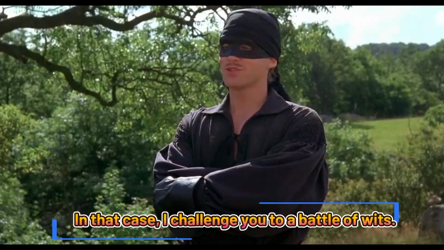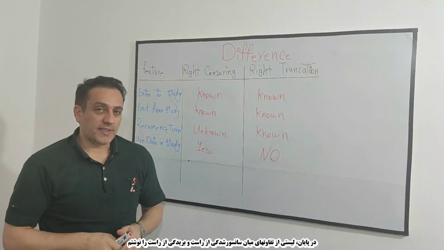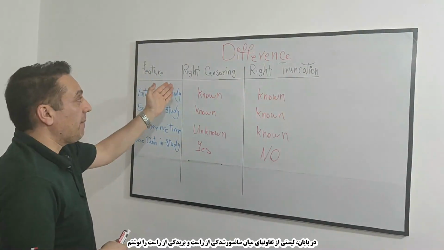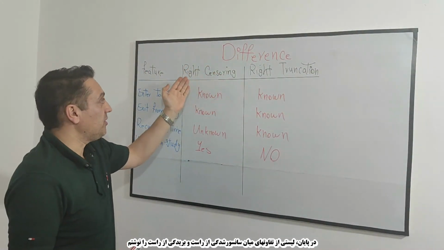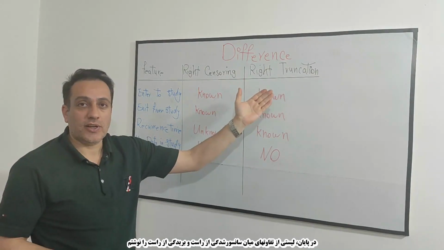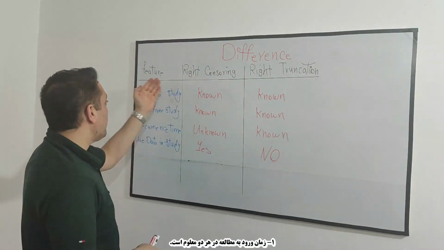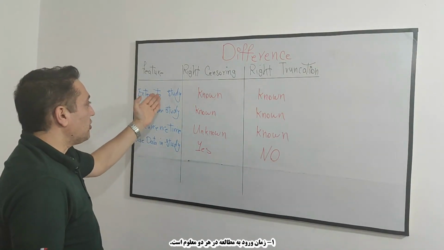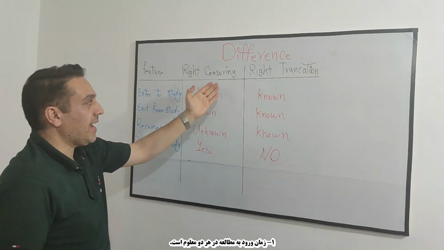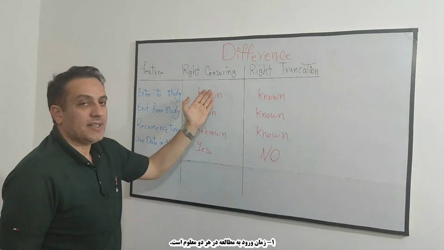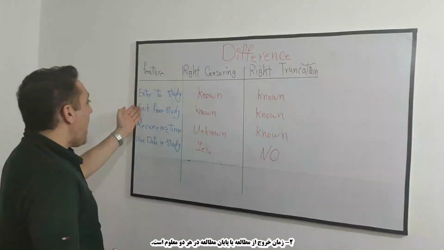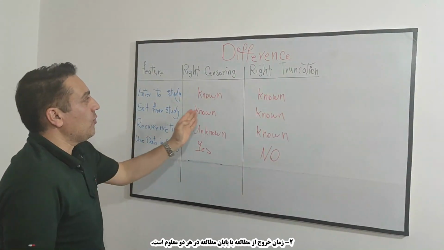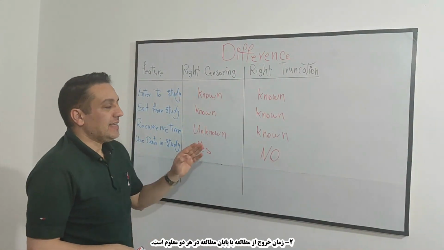In the end, I list some features and some differences between right censoring and right truncation. For example, entering the study: in right censoring and right truncation, it is none. Exit from the study: in right censoring and also right truncation, it is none.